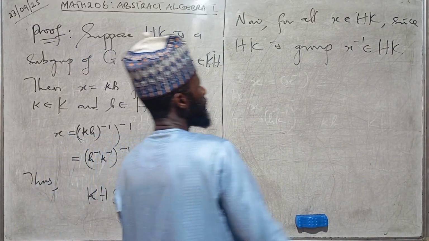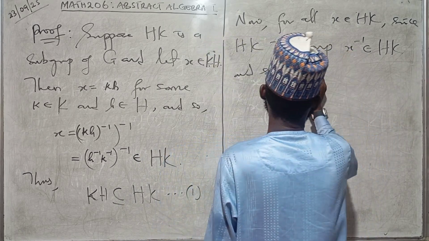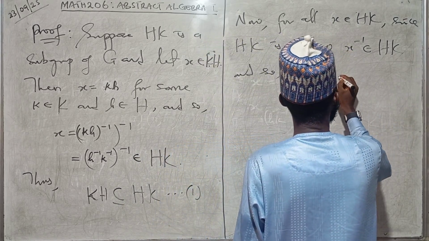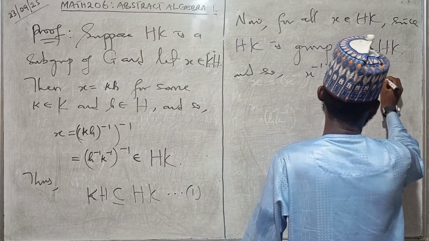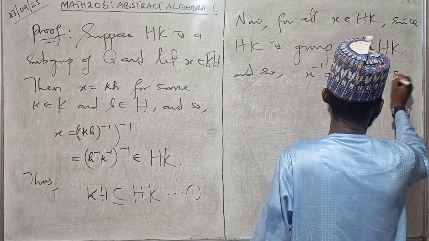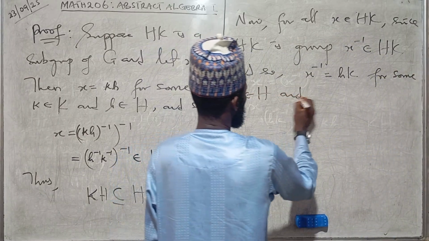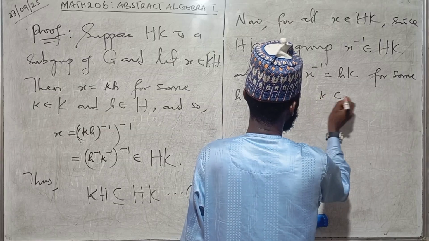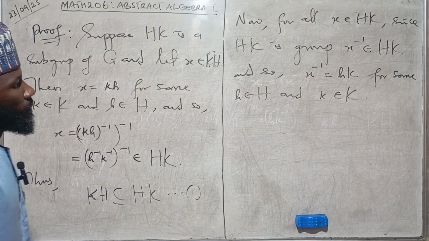And so that inverse, X inverse, is equal to some H times K for some H in H and K in K. Is this okay?